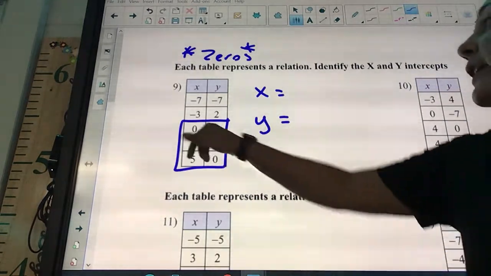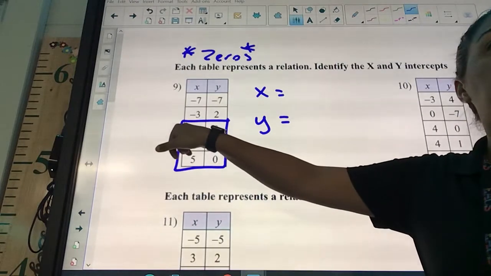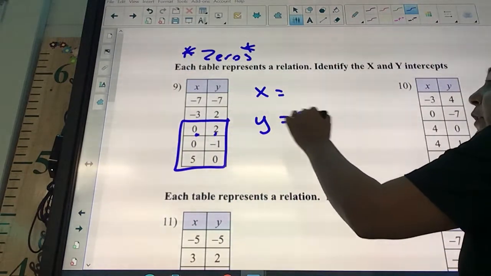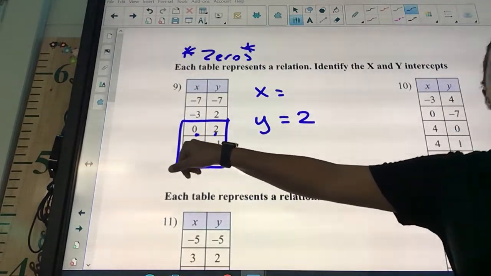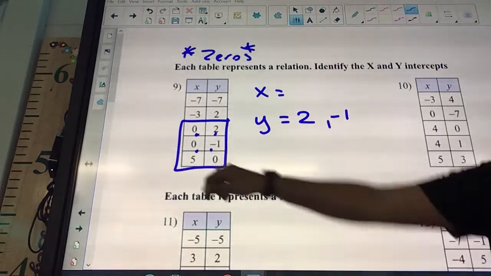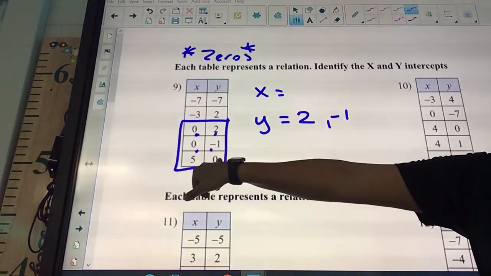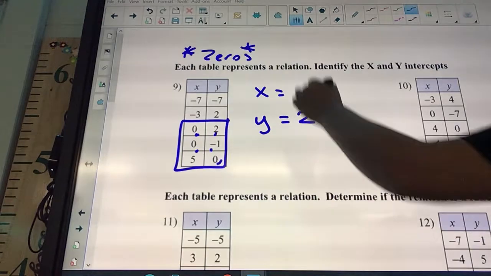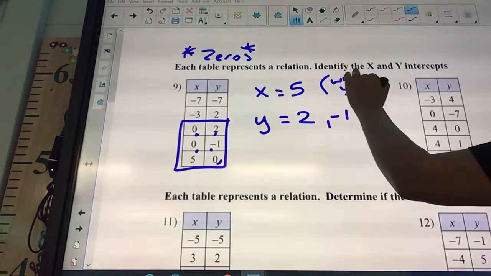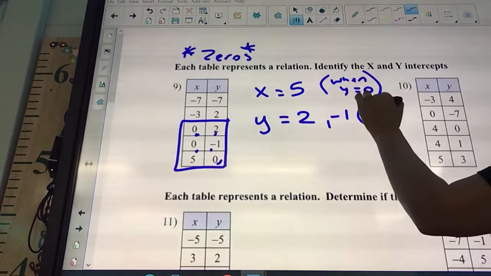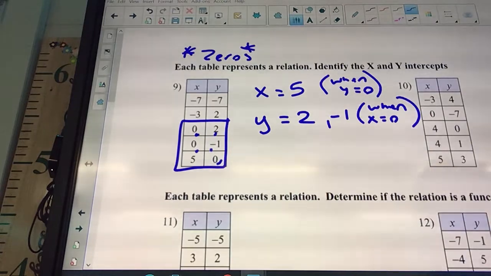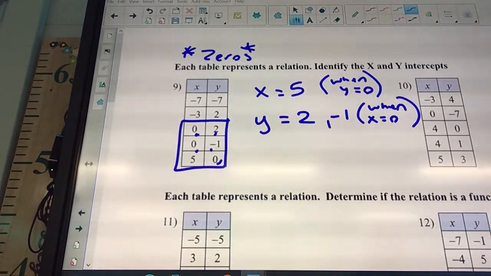The x is 0, so this goes to the y, okay? So we got 2. When the x is 0, this goes to the y. And then when the y is 0, it goes to the x. That's how you can tell them.